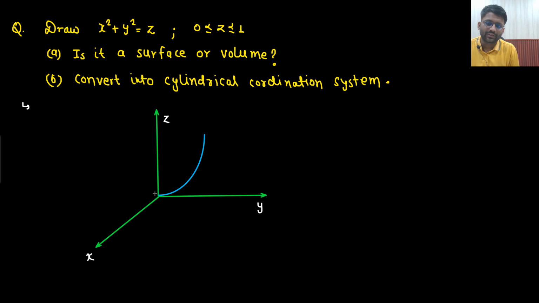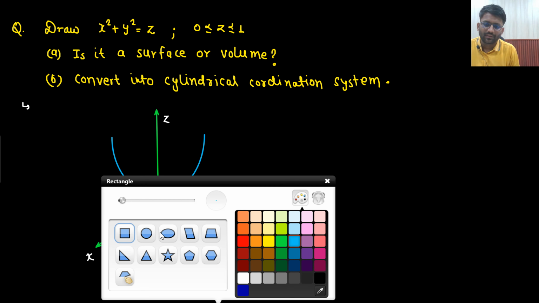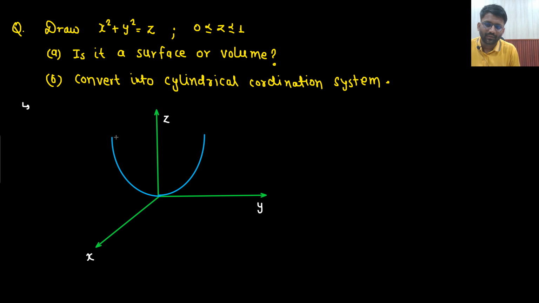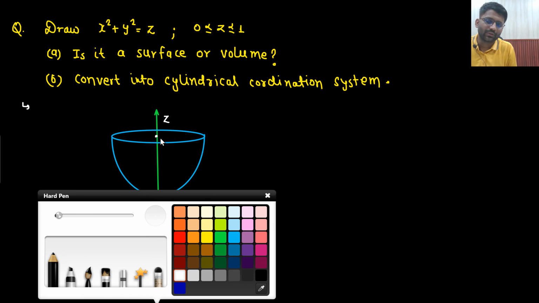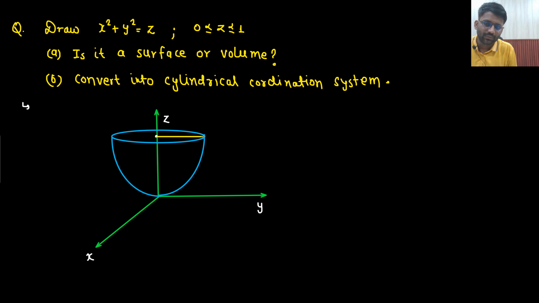A bowl kind of structure. Eventually we will get a bowl kind of structure. So this will be a circle of z equals to 1.